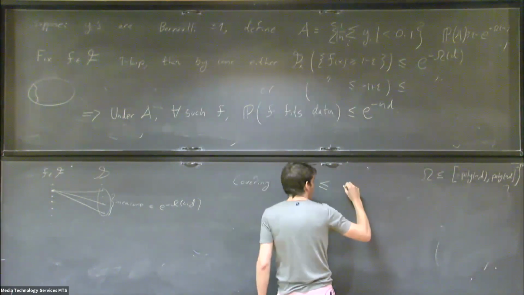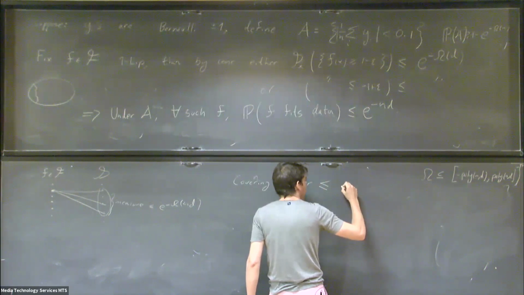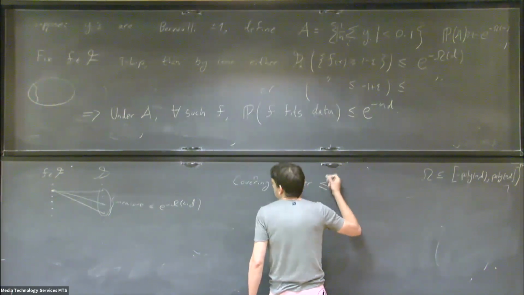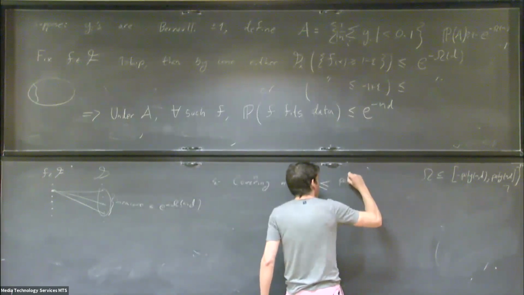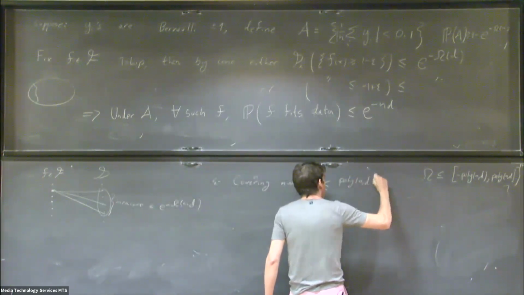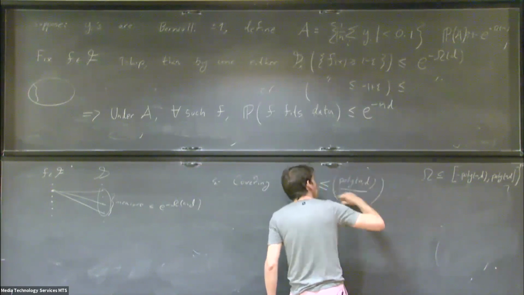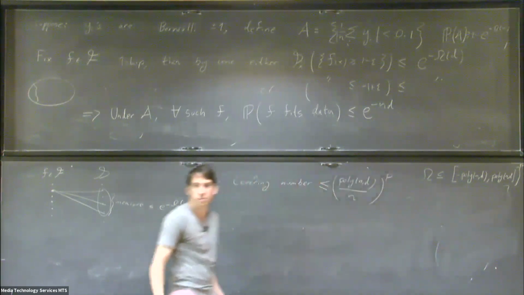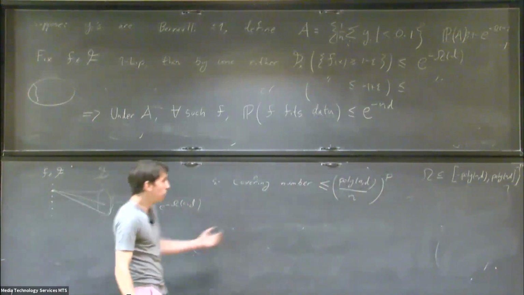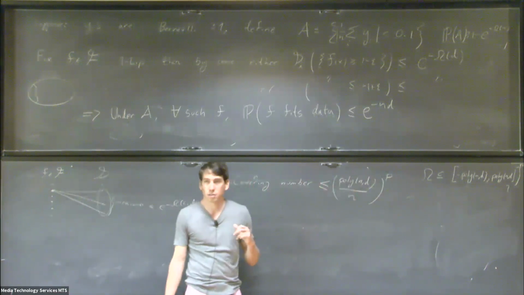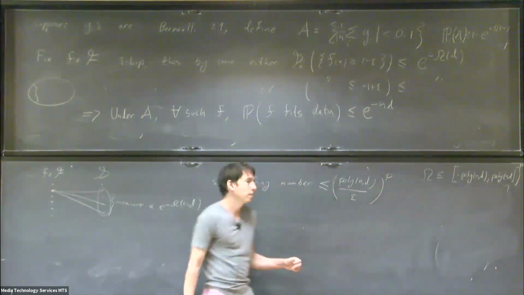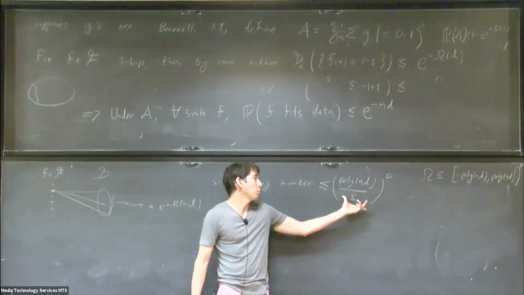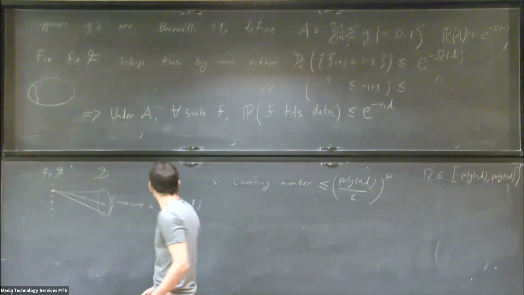Then we get that the epsilon covering number is poly in d over epsilon to the p. And then to do a union bound, we just want the product of this and this.